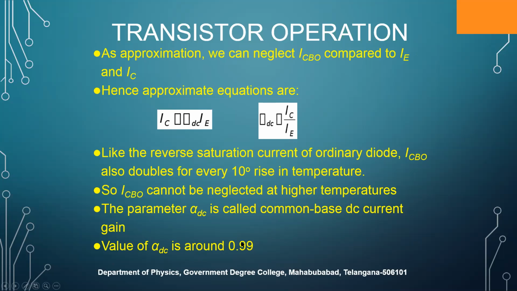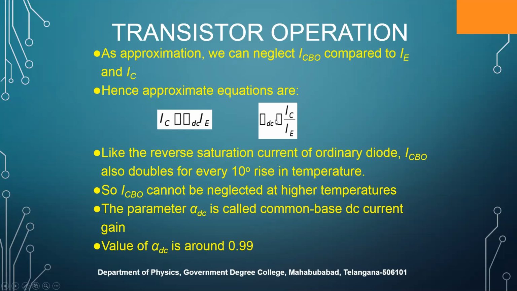So the value of alpha DC will always be less than 1. It will be around 0.95 to 0.99. Why? Already we have discussed IE is equal to IB plus IC. IB will be very, very less when compared to IE and IC. That's why these are almost the same, but IC will be a little bit less when compared to IE.